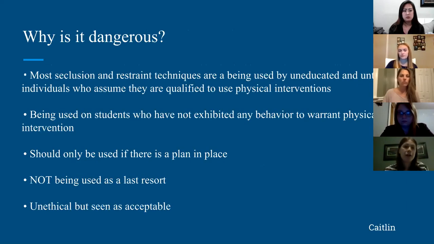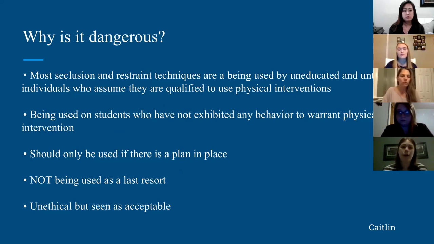So why is it dangerous? Most seclusion and restraint techniques are being used by uneducated and untrained people who think that they're qualified, who don't have the amount of hours or the amount of time using the techniques. It's being used on students who haven't exhibited any behavior that warrants physical intervention.